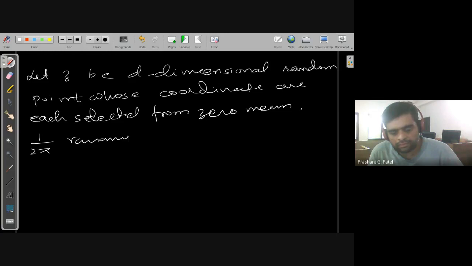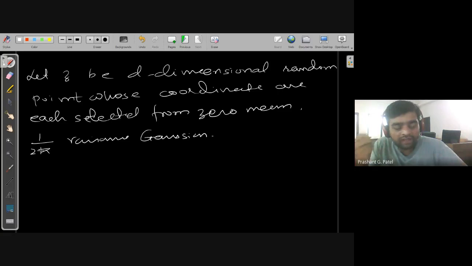We set the variance to 1 upon 2 pi so the Gaussian probability density is equal to 1 at the origin, and it is bounded below through the unit ball by a constant.